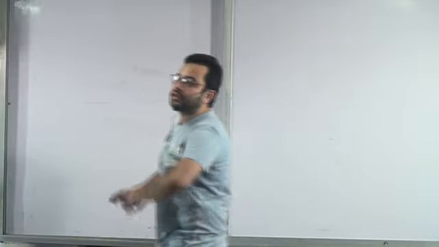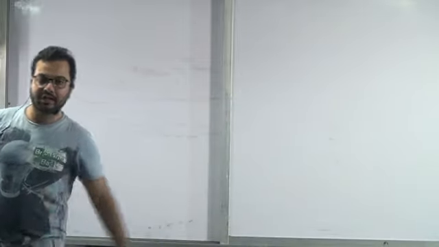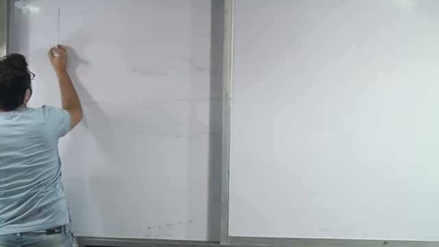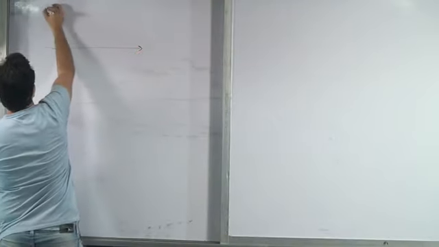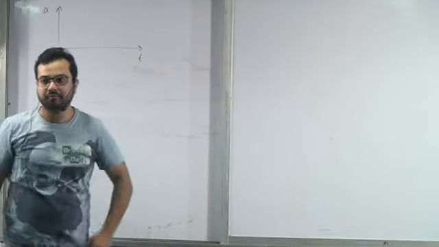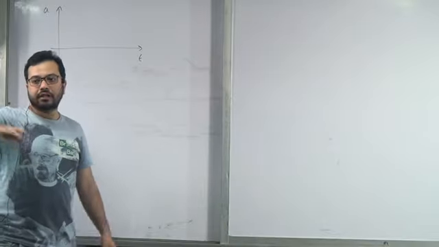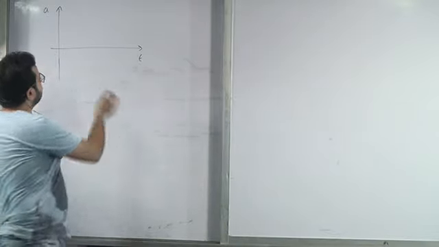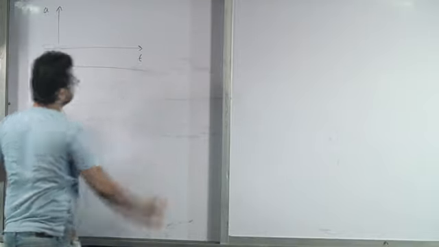Okay, so you need to take the upward direction as positive, downward direction as negative. First tell me what will be the a-t curve. What kind of straight line? Horizontal line, inclined line, horizontal line below the t-axis. Excellent.